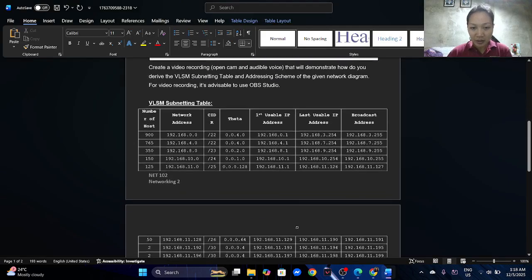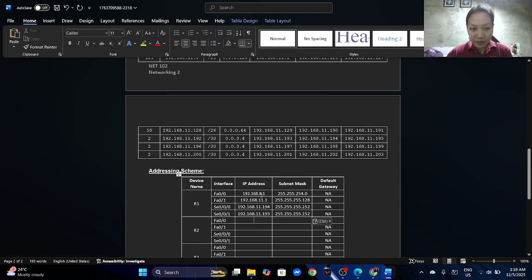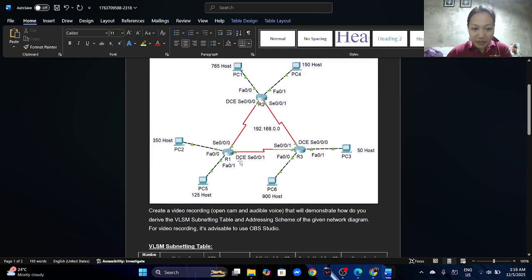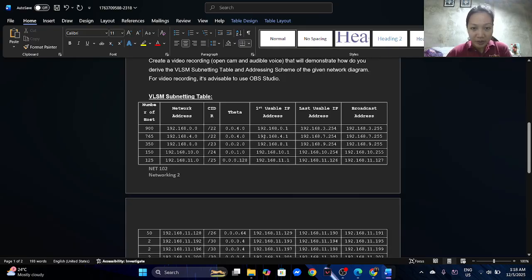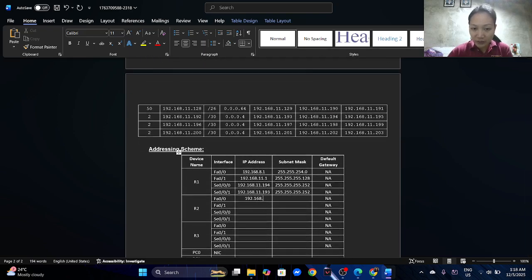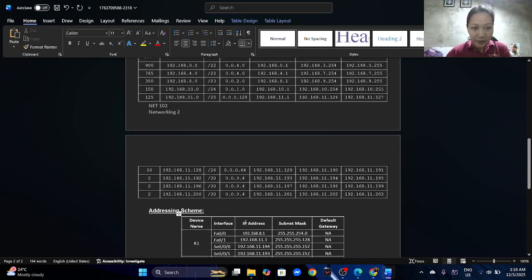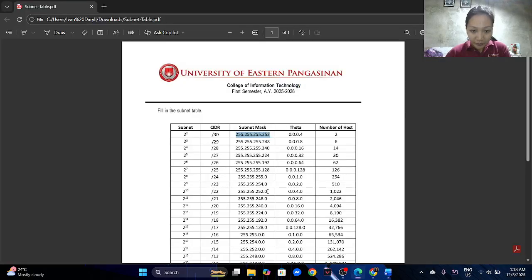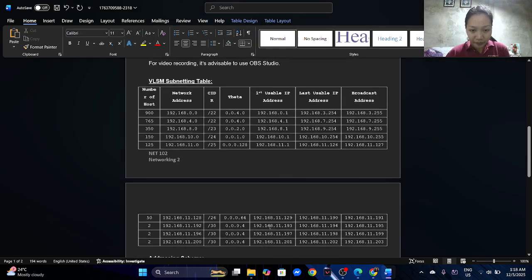So, gagamitin natin yung first usable IP address, which is for host 765, 192.168.4.1. And host 765 is CIDR /22. So the subnet mask is 255.255.252.0.